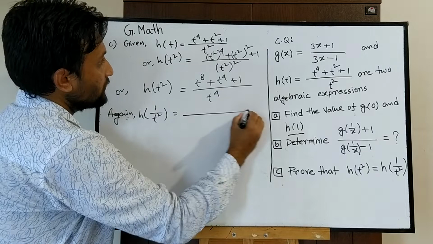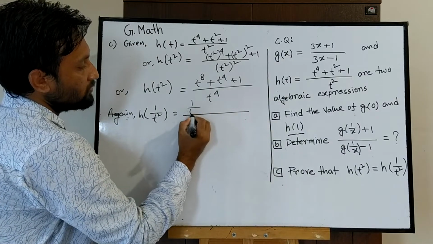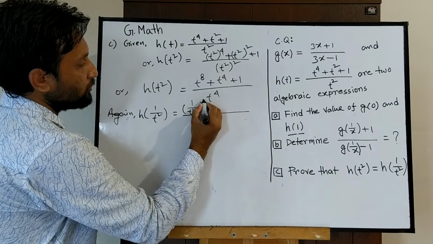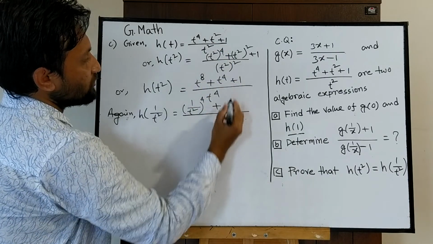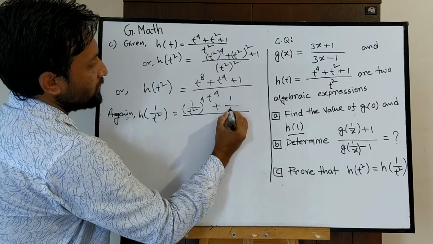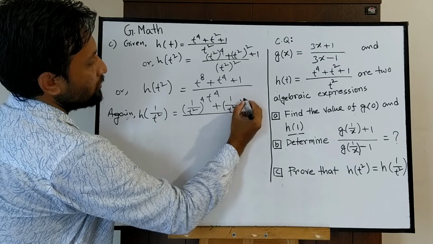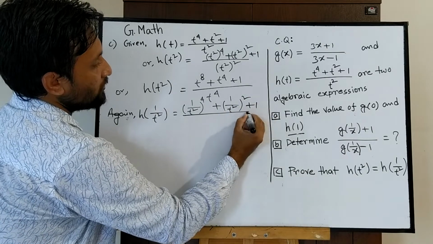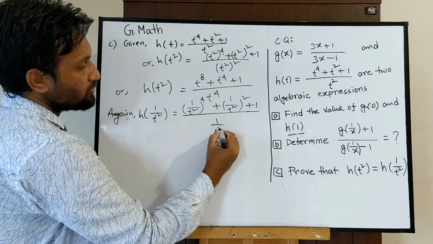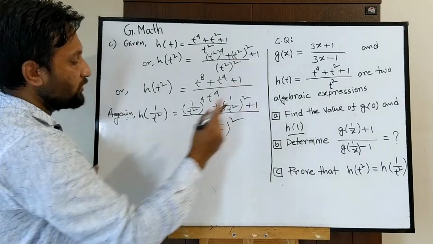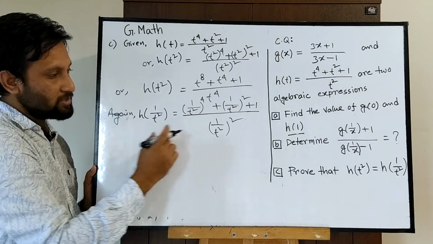Here we get 1 by t square to the power 4, then plus t square, that means 1 by t square whole square, and then plus 1, because t is replaced by 1 by t square.